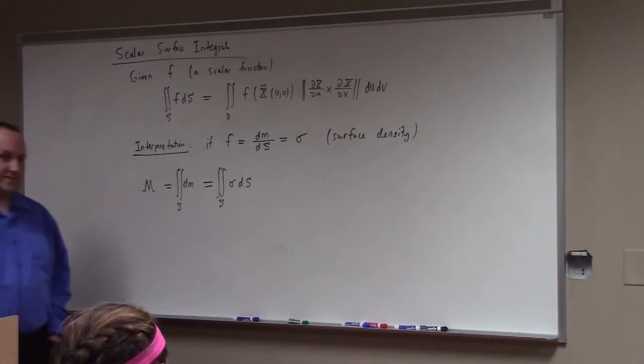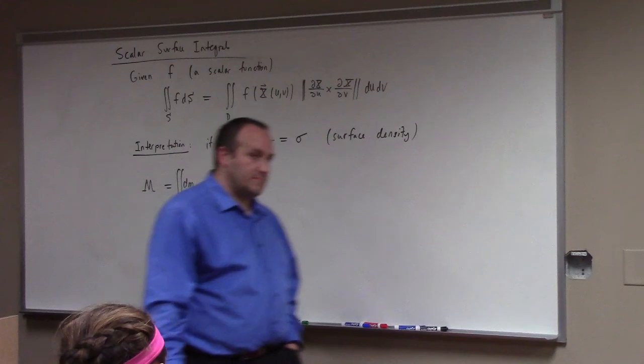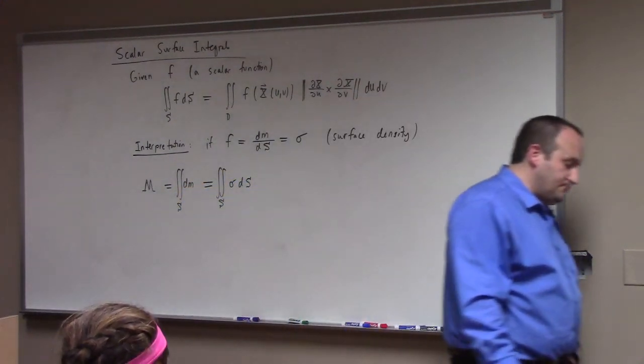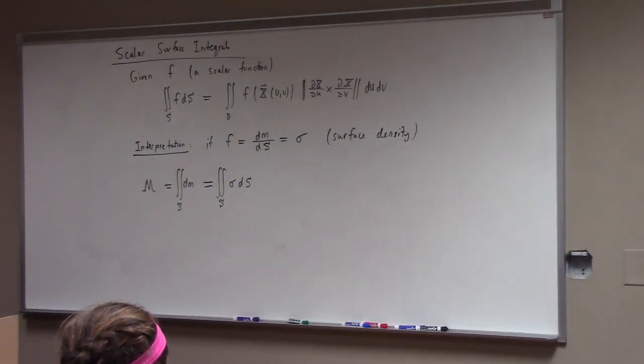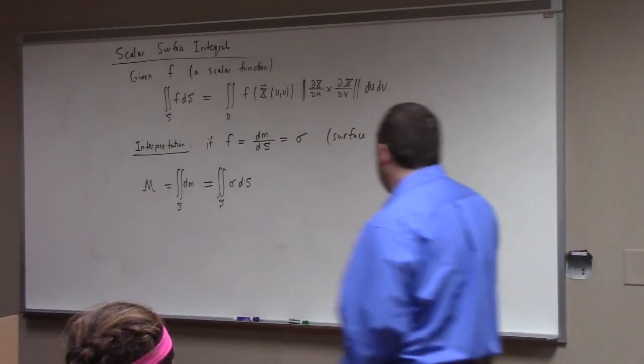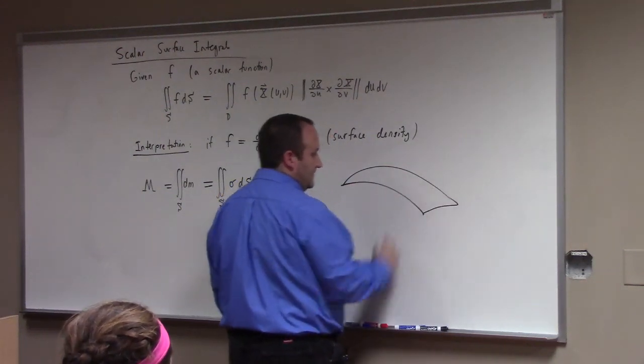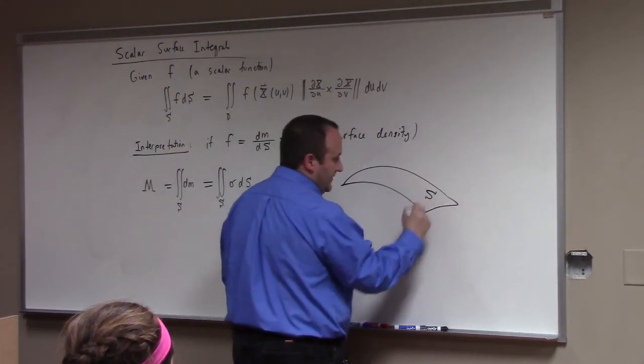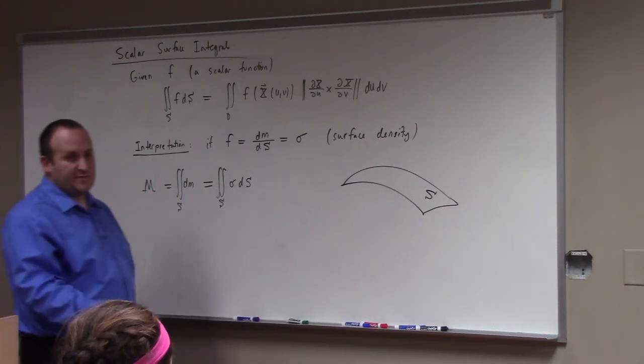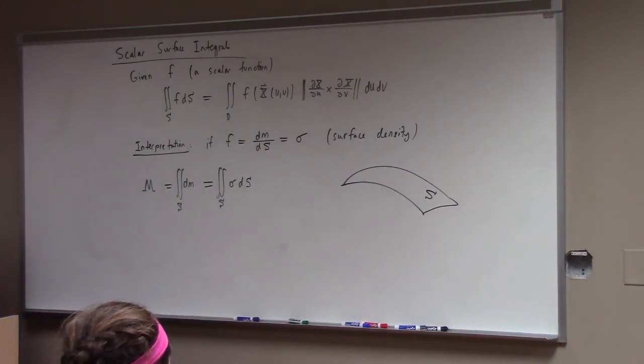To get the total mass of a surface, you'd integrate the mass per unit surface area, and that would give you the total mass. You probably can guess where this is going. So if you've got some surface, you can calculate the total mass of the surface if you give it its mass per unit area, and you can do other things.